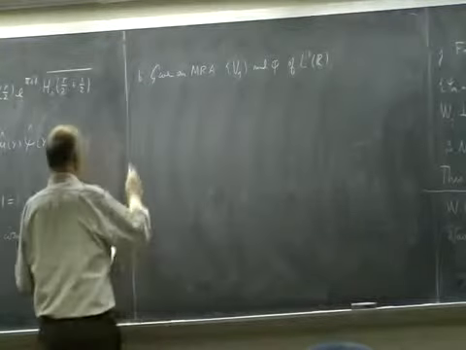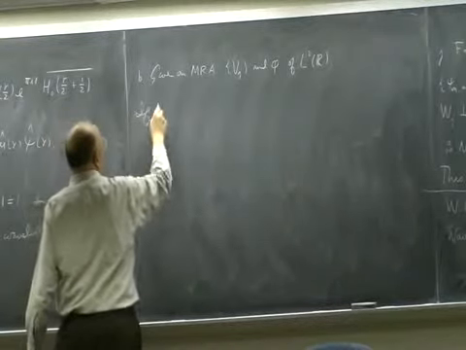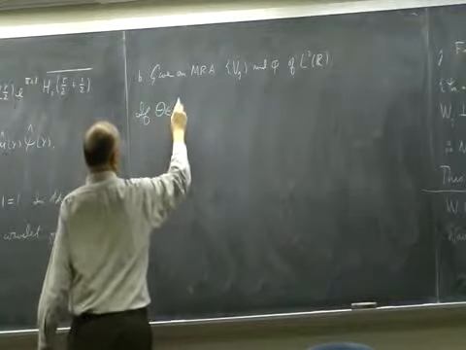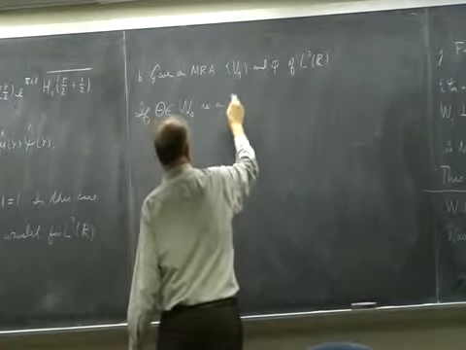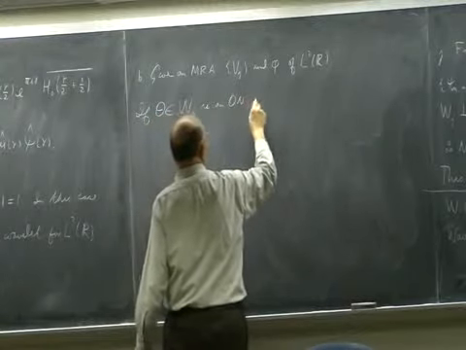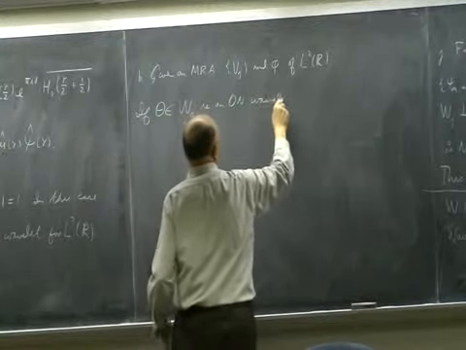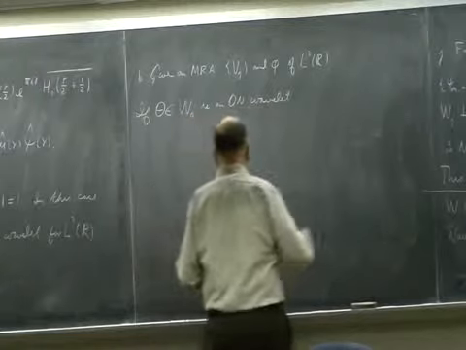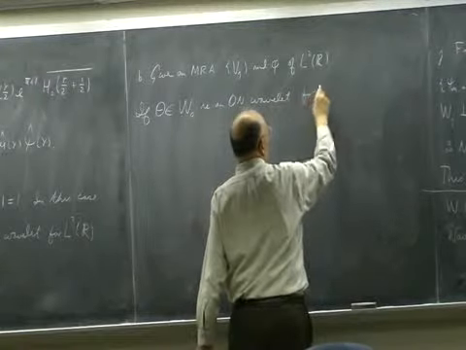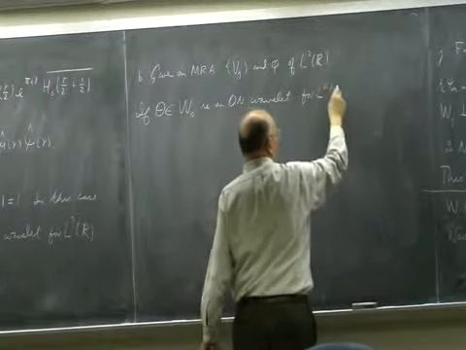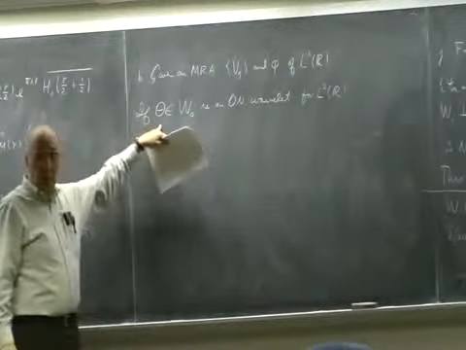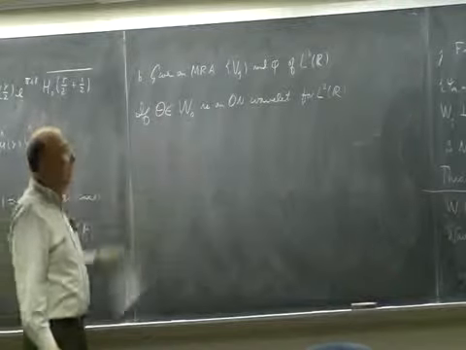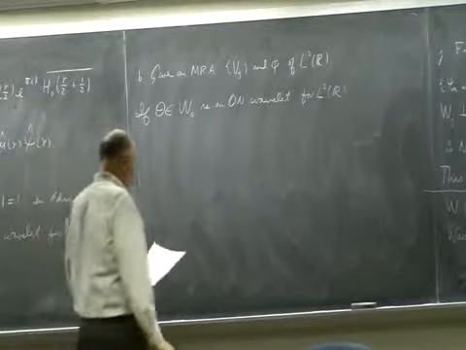Well, if theta is in W0, is an orthonormal wavelet for L2 of R. By that, of course, I mean that the theta sub mn's form an orthonormal basis. Okay.